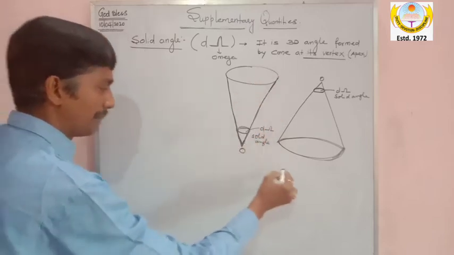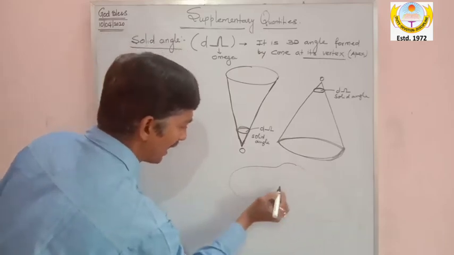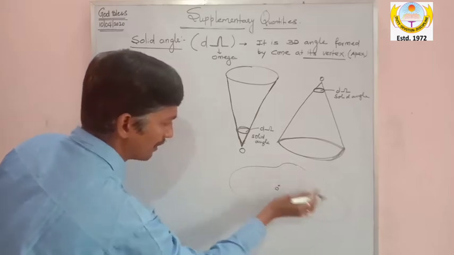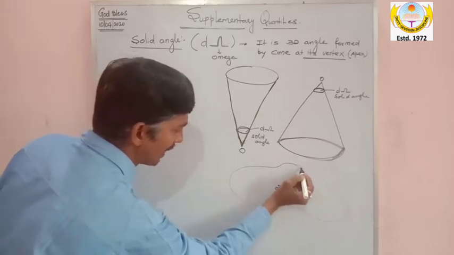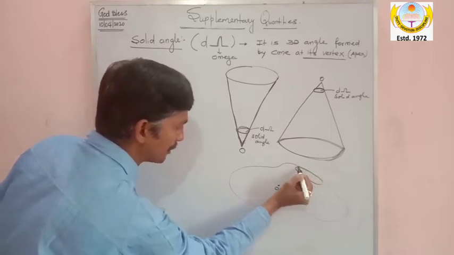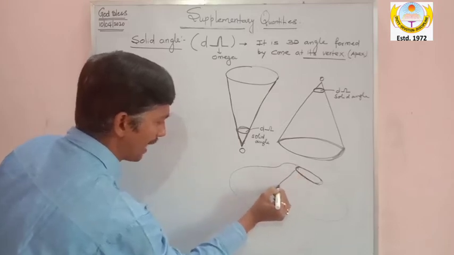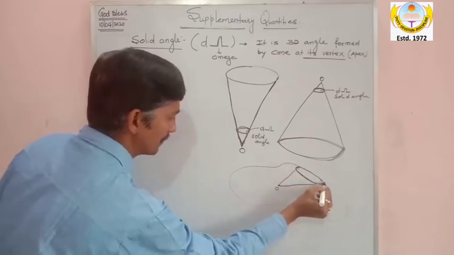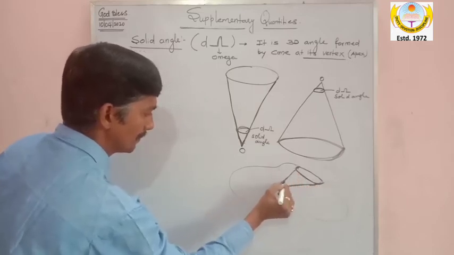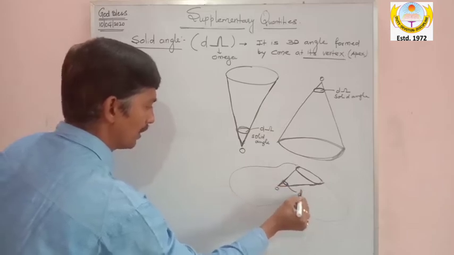I can draw the same thing over here also. Say I have taken some body here, and here is the apex of this body, this surface, and say I have cut this much surface. Say I have intercepted this much area. Of course it forms an angle here, and this is your solid angle.